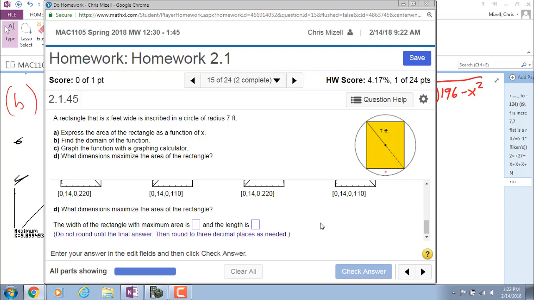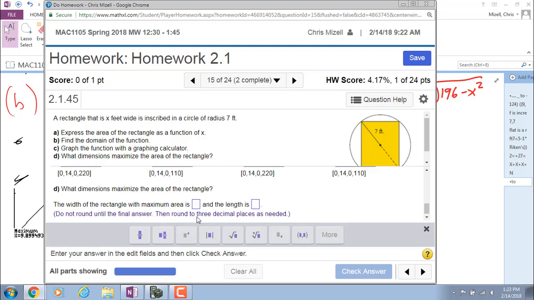Okay. Well, the width of the rectangle, x feet wide. So the width is x. So we're going to go with 9.899 for the width.